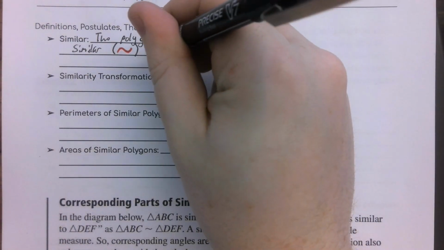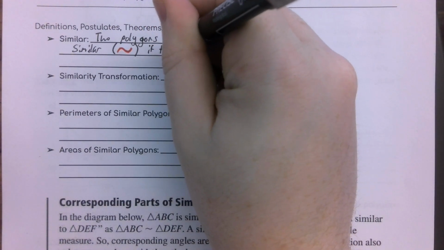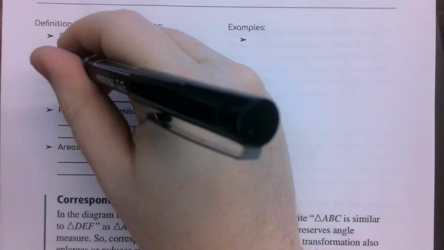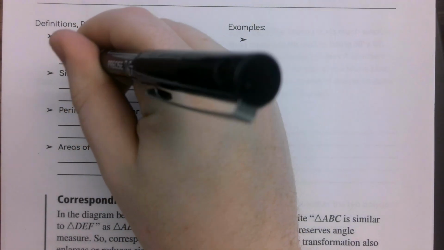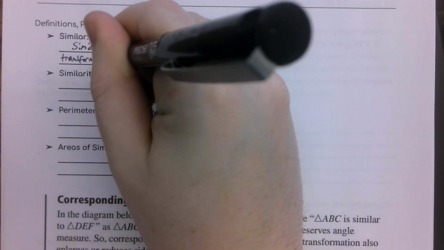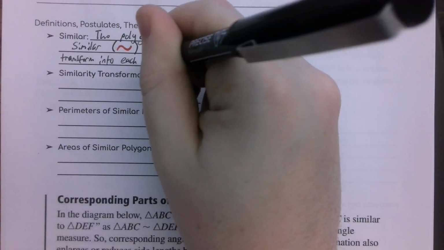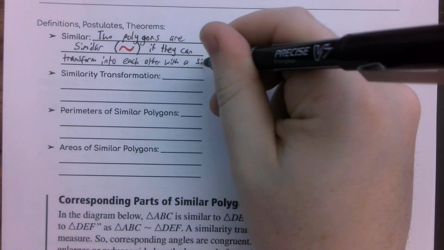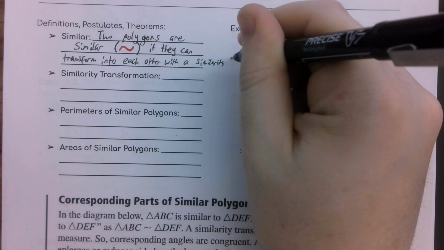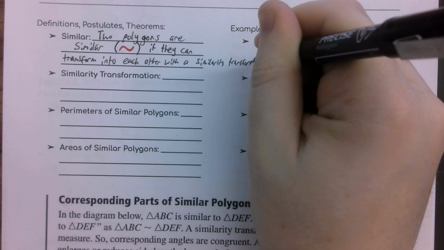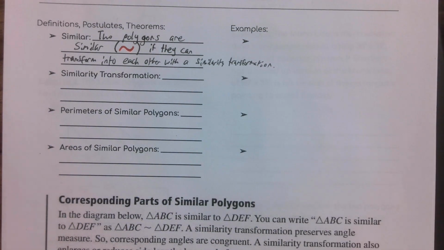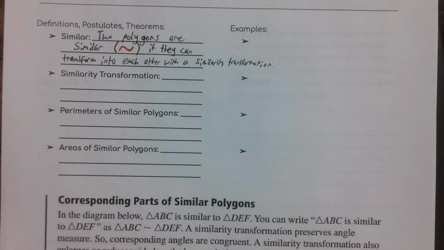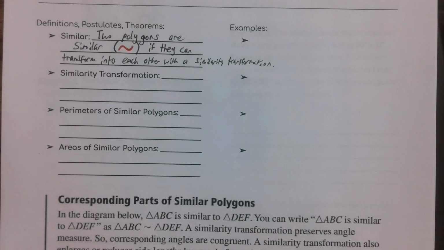Two polygons are similar if they can transform into each other with a similarity transformation.